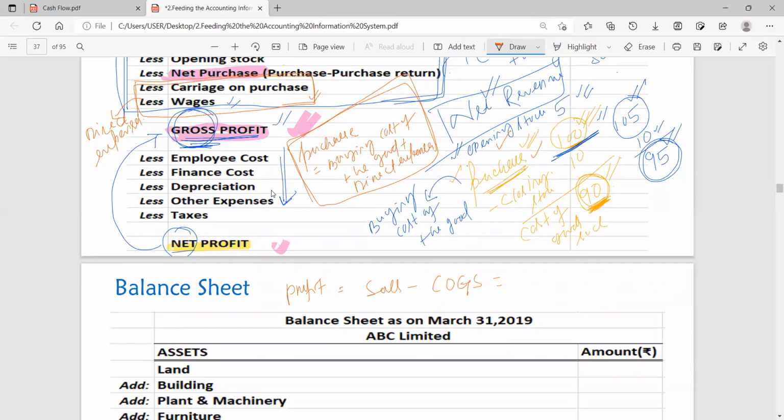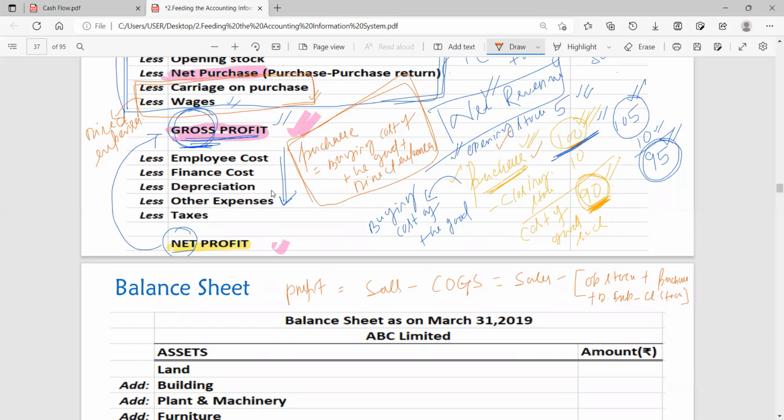If I expand this COGS, it is sales minus opening stock plus purchase plus direct expenses minus closing stock.